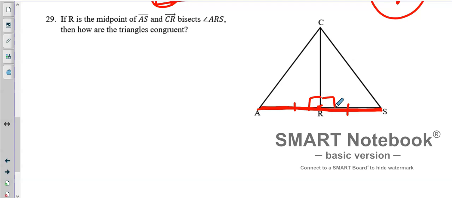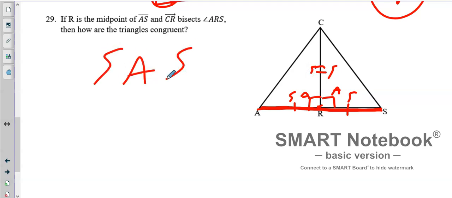It doesn't matter. We also know the reflexive line should be marked. Therefore, we have SAS, SAS, and we say SAS. Again, no HL because we do not have the hypotenuse marked. So we can't mark that.